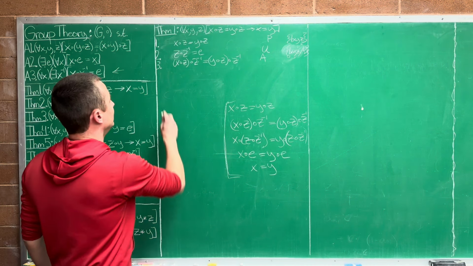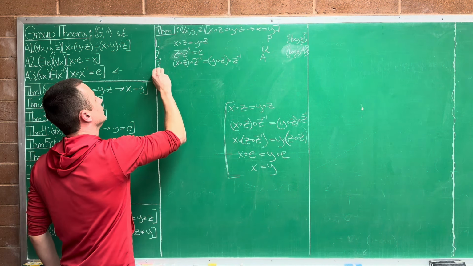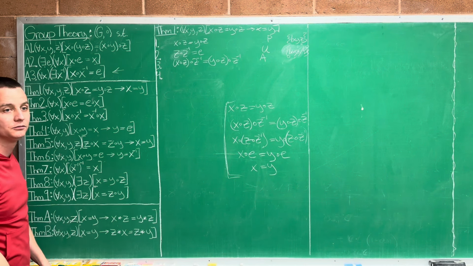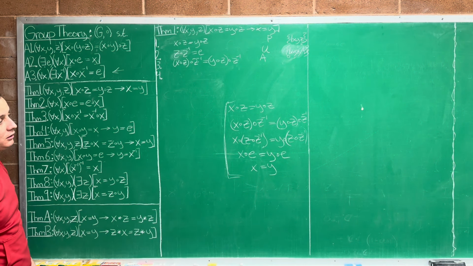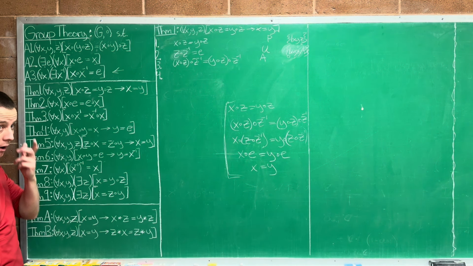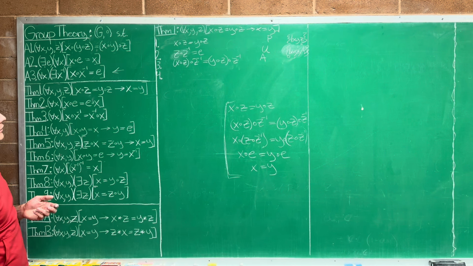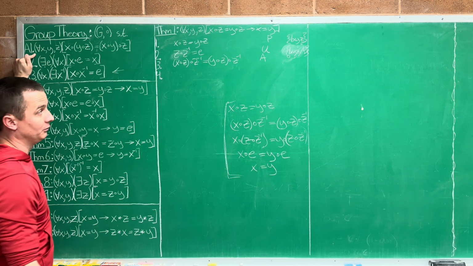Okay, so that gets us to here. Now what? You can move the parentheses. How do I know I can move the parentheses? Because of axiom 1. So we're going to universally specify on axiom 1.